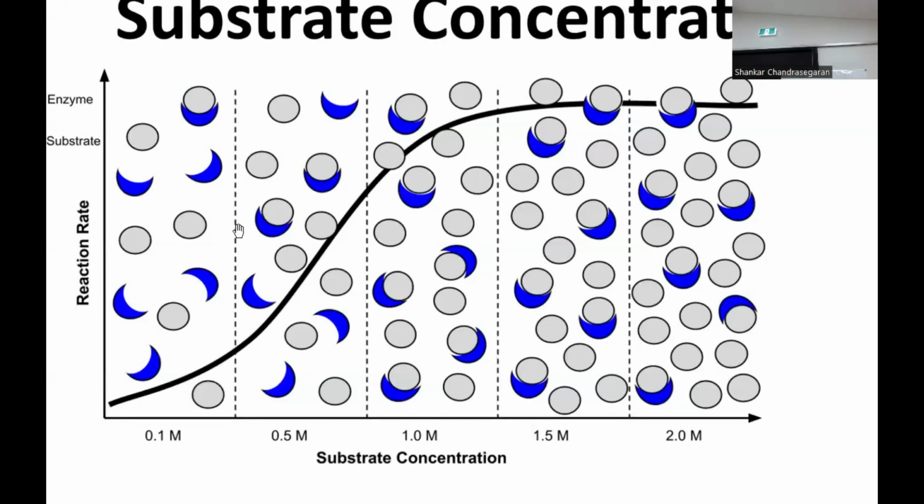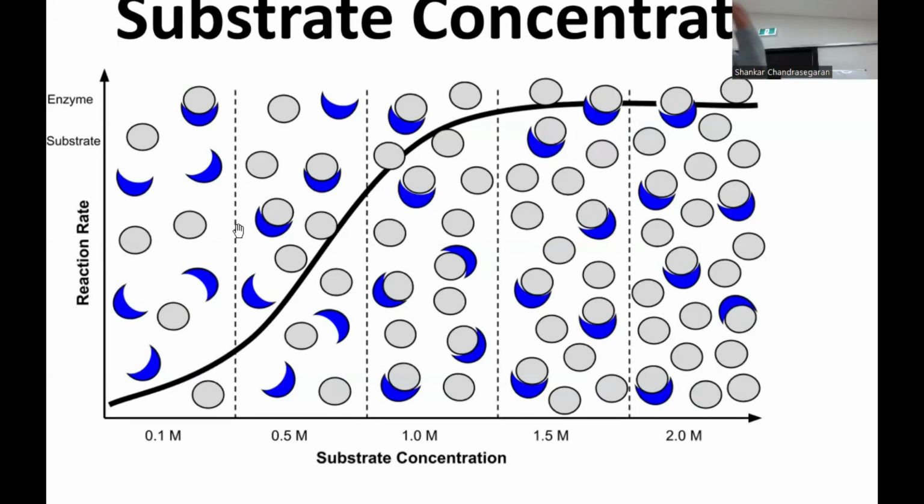But if we start to increase the amount of substrate within a solution, you can see that the reaction rate is suddenly going up. Essentially, when you increase the substrate concentration, you allow for more binding of enzymes to occur, and eventually you reach a point where every enzyme is occupied. Every enzyme is binding to a substrate. That's why it's called a saturation point.